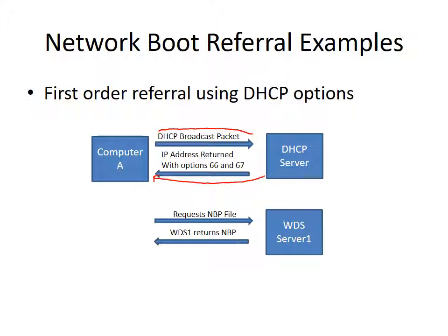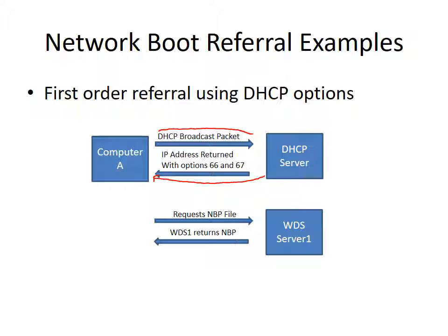So option 66 is directing computer A to the WDS server, and option 67 is directing the file path, basically, so where to download the network boot file, the network boot program file, excuse me.